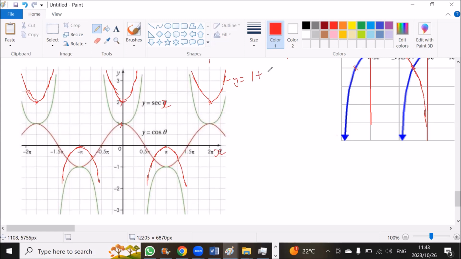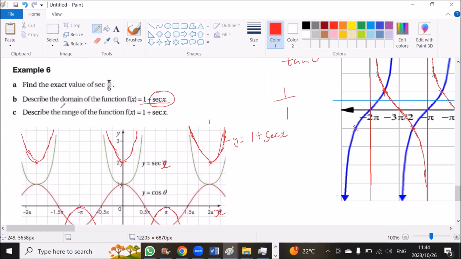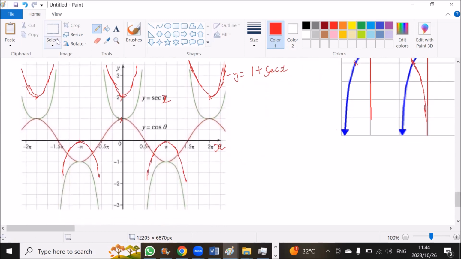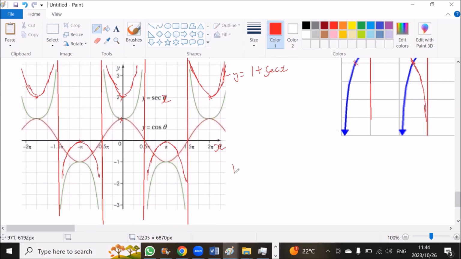1 plus sec x. Describe the domain of the function. So it's x values. What we are excluding are the asymptotes. So we can say domain x is an element of real numbers. X is not equal to n pi over 2. N is equal to 1, 3, 5, and so forth.